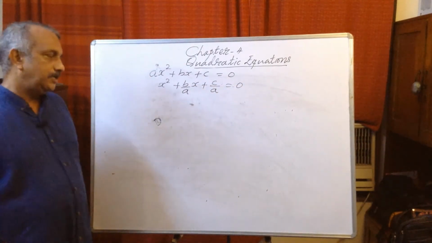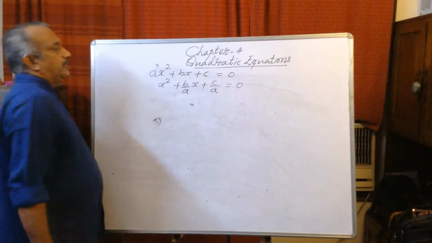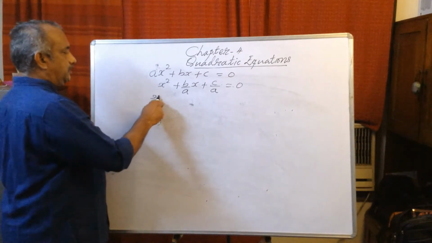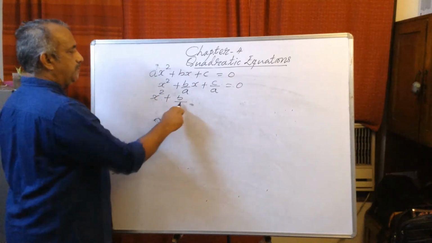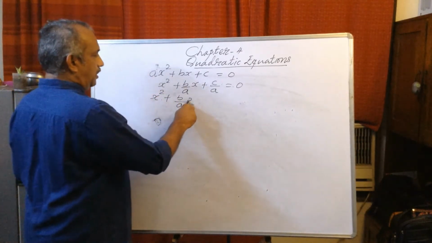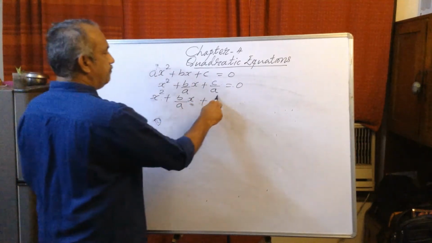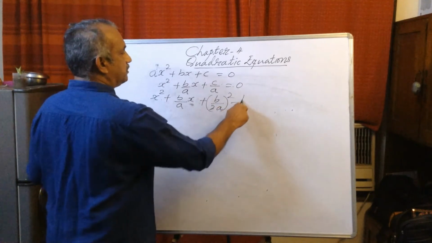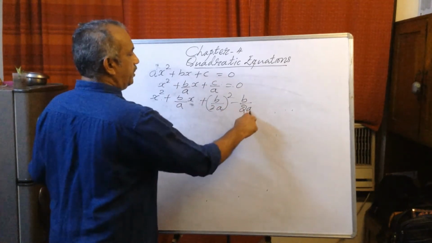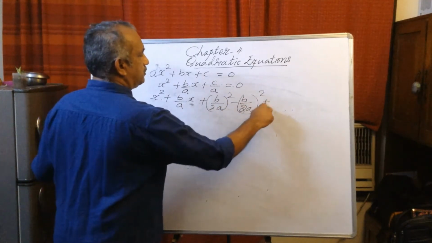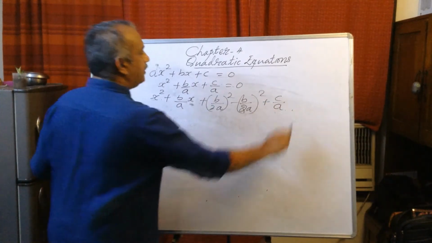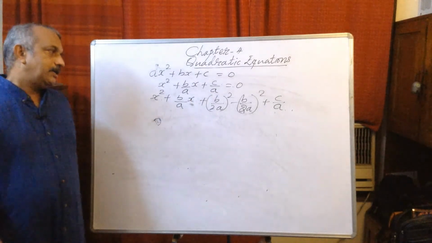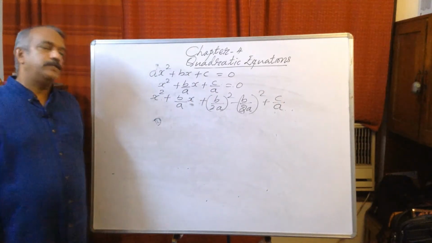Divided throughout by a. Now what I am going to do, I am going to add and subtract. See, x square plus b upon a x plus b upon 2a the whole square minus b upon 2a the whole square plus c upon a. What I did is I am adding b upon 2a the whole square and subtracting b upon 2a the whole square.